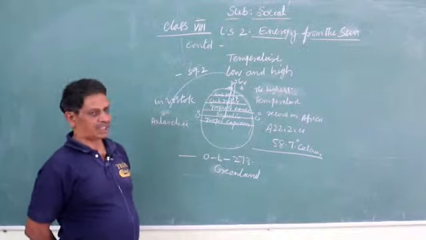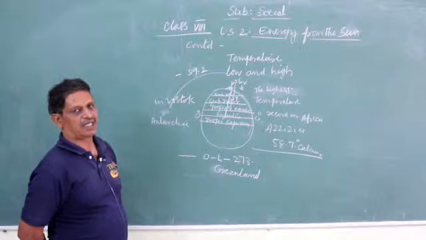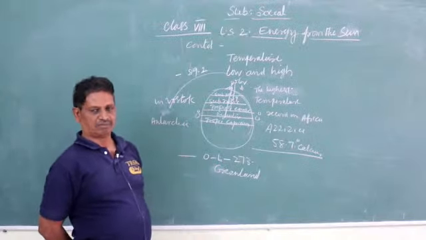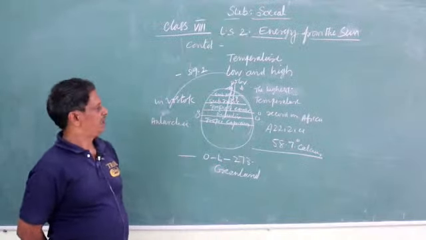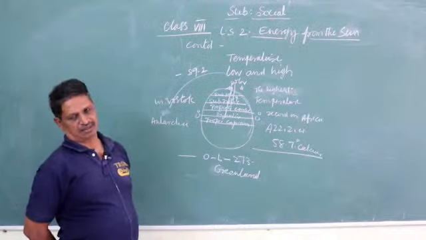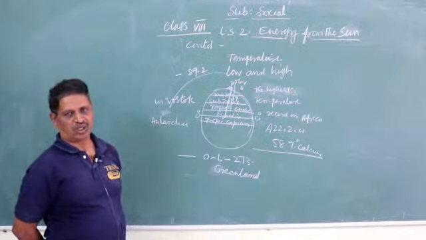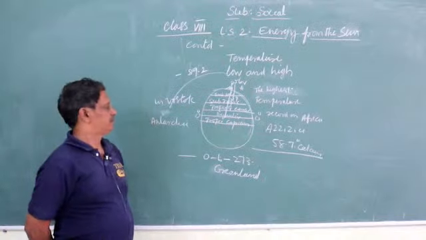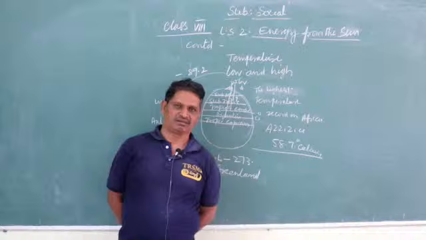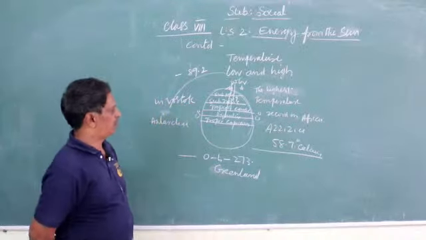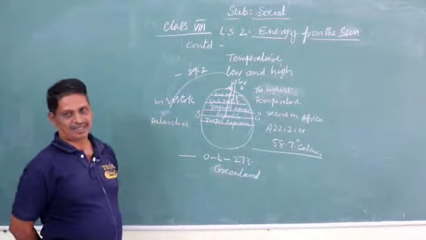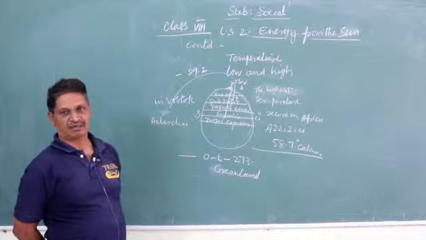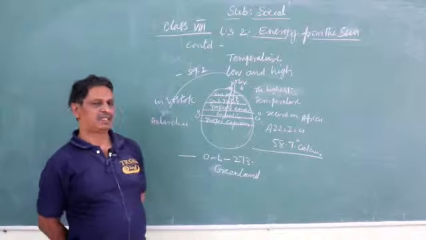When you come to the south, the lands slope down. There is a difference in the temperature, low and high. Why is the temperature high in South India? Because South India lies near the equator. It influences the temperature.